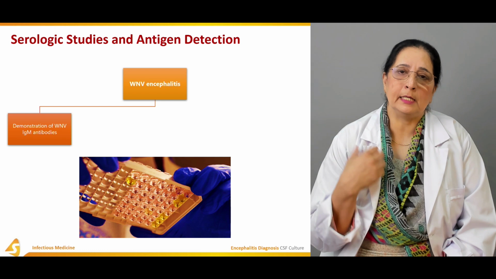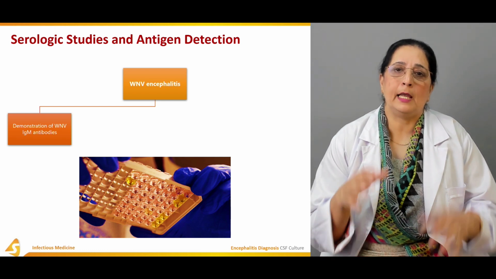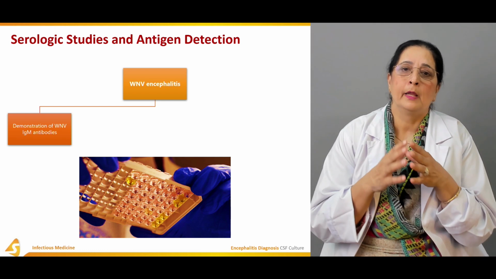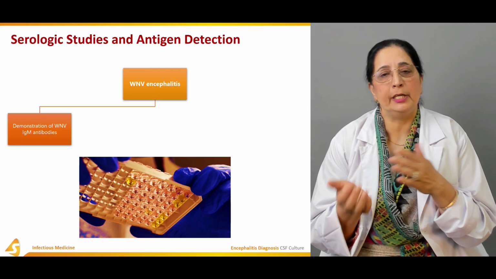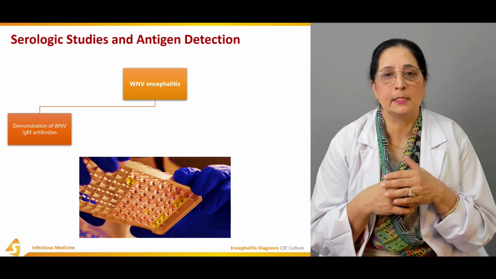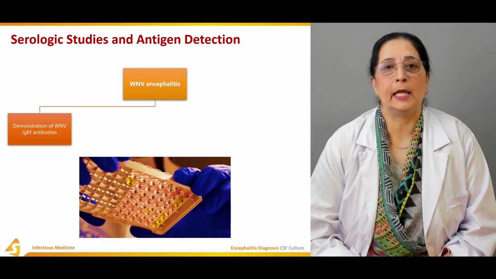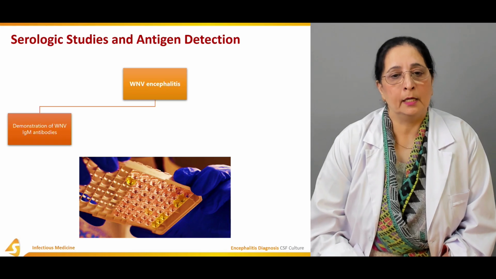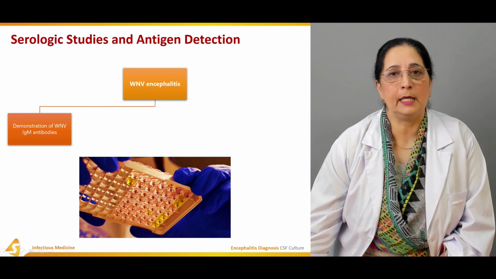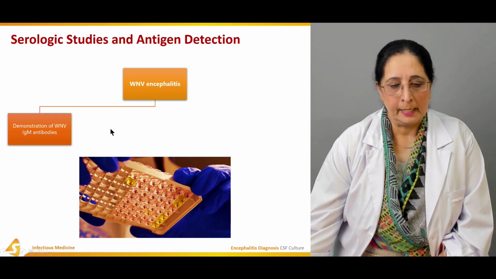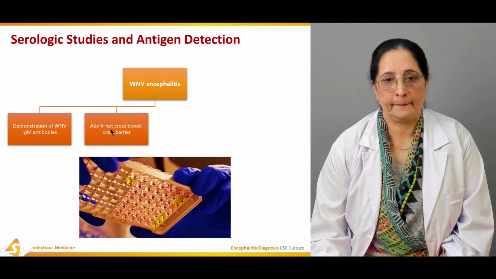Antigens are present. Against those antigens, we have antibodies formed, and detection of those antibodies, which can be IgM, IgG antibodies, is helpful in making the diagnosis of the condition. So in West Nile virus encephalitis, we have the IgM antibodies present.